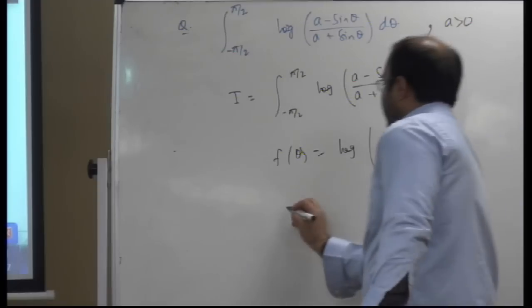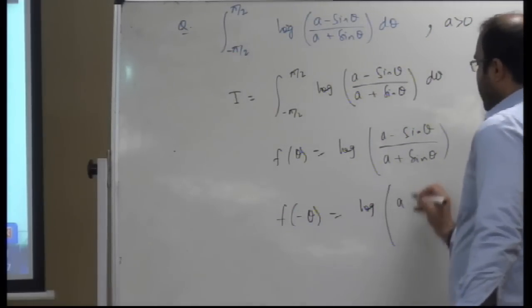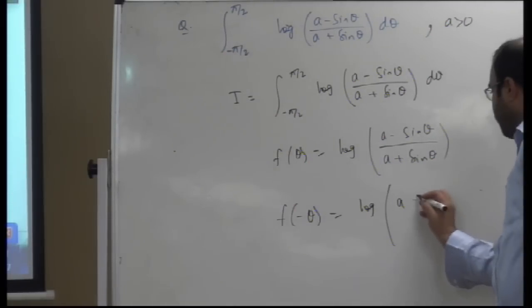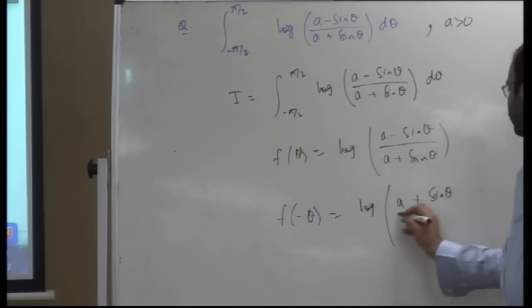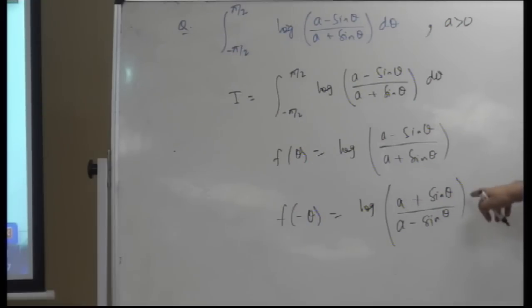And then you take f(-θ). What would be that? Log of, sin of -θ is -sin θ, so this would become plus sin θ, and this would become a minus sin θ. Obviously, this is what we'll get. When you take negative power, this will become reciprocal. This will become minus log((a - sin θ)/(a + sin θ)).